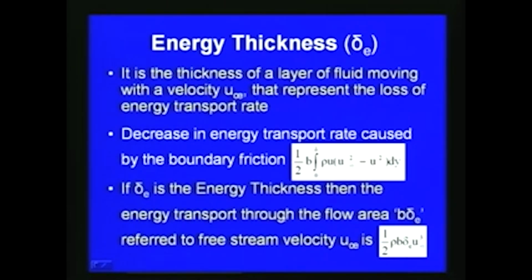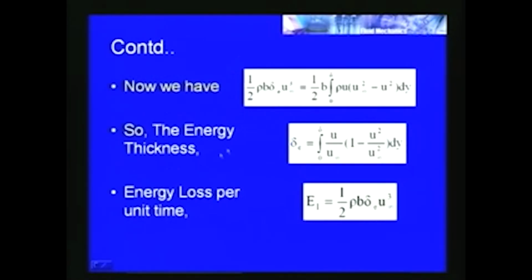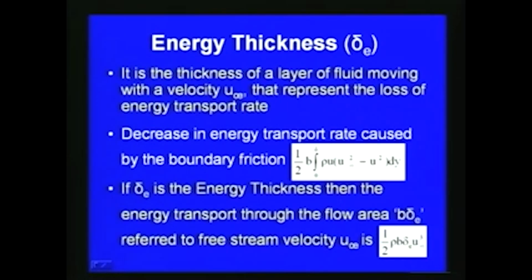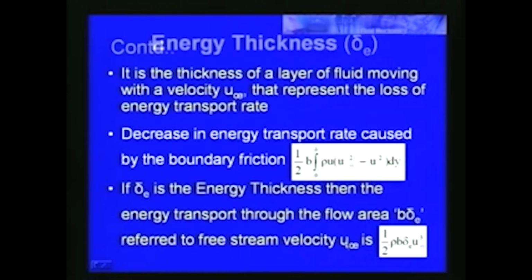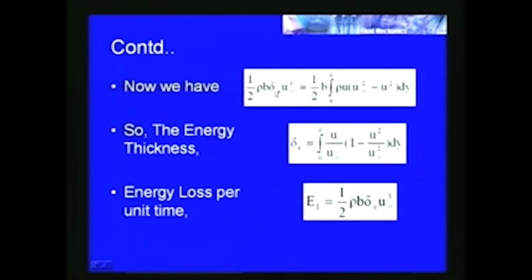So, this is the energy transport for the flow through an area B delta E. Now we can equate this to the earlier expression, so that we can write half rho B delta E u infinity cube is equal to half B integral 0 to delta rho u infinity square minus u square dy.